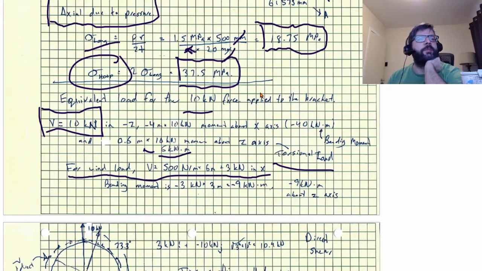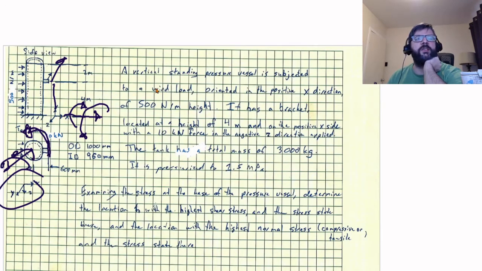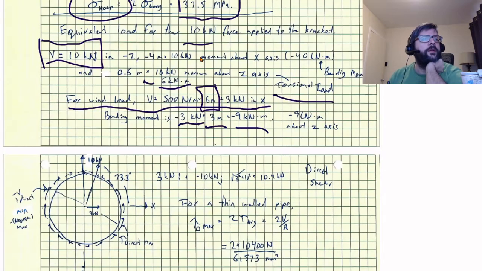That bending moment's magnitude is going to be 3 kilonewtons times the 3 meters, again half of that distance, so it'll be 9 kilonewton meters. Our directionality here, it is pushing this way about this point, so that's clockwise. About the z-axis, that is going to be a negative moment, so negative 9 kilonewton meters about the z-axis.